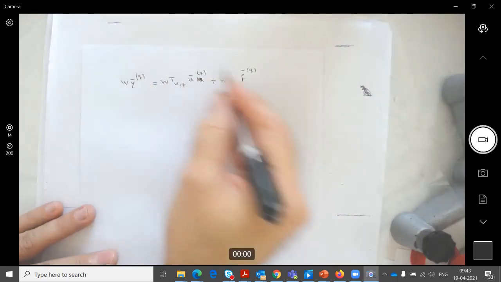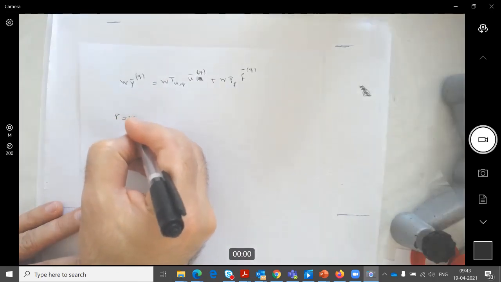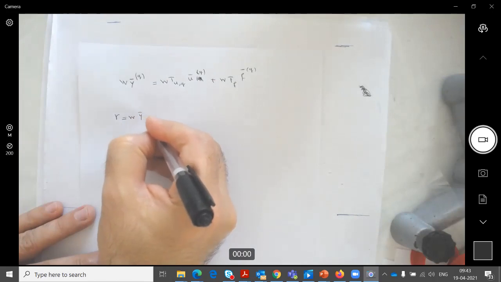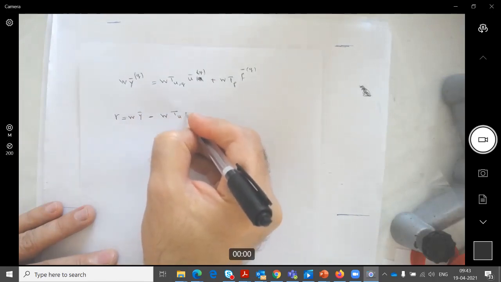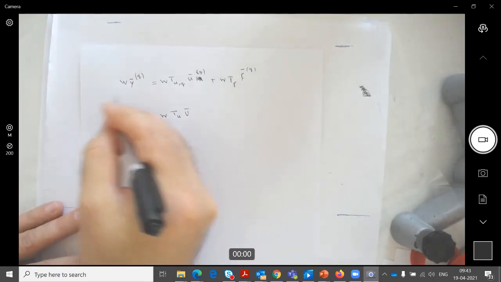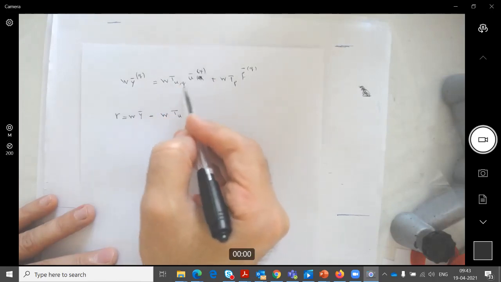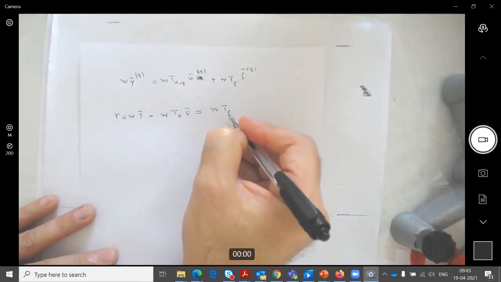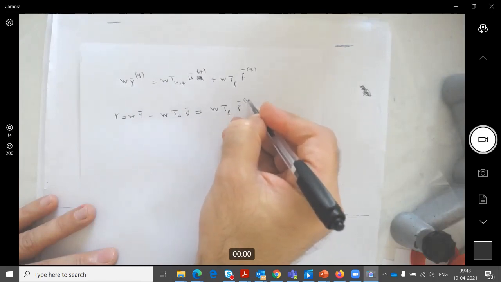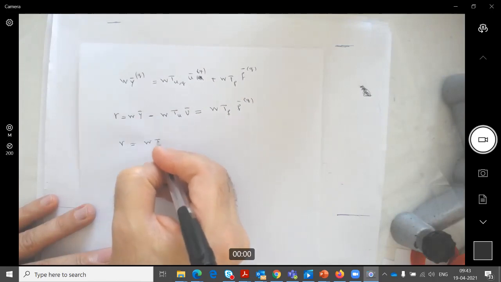So we define R, the residual, to be WY minus WTU bar. This is how we define R. But if you move this one to the left, actually R is equal to WTF, which means that R is equal to WTF.